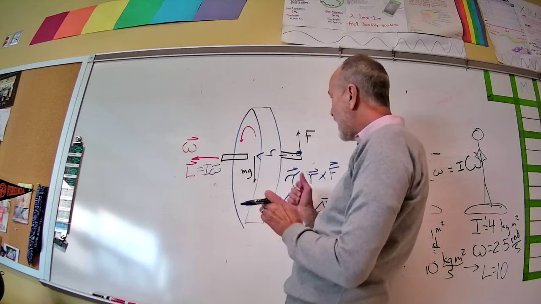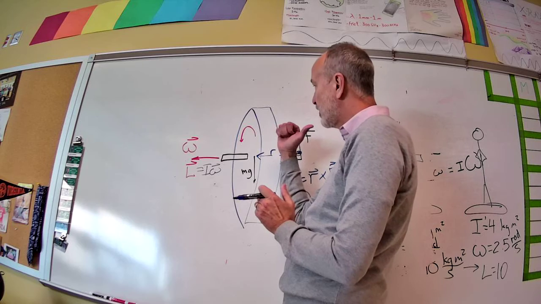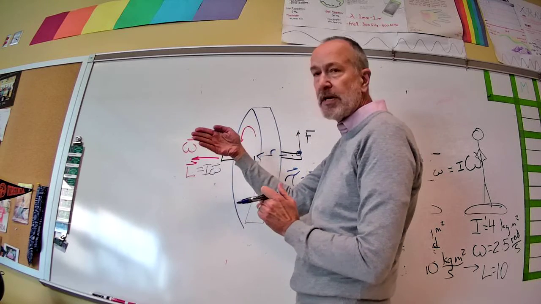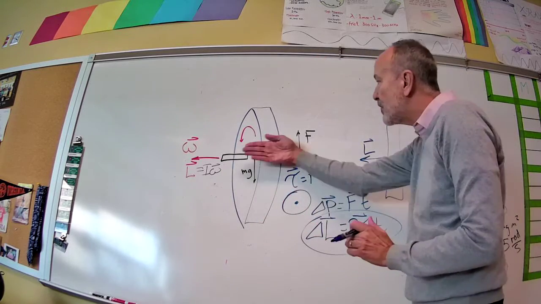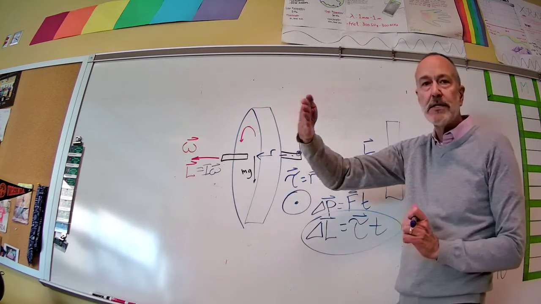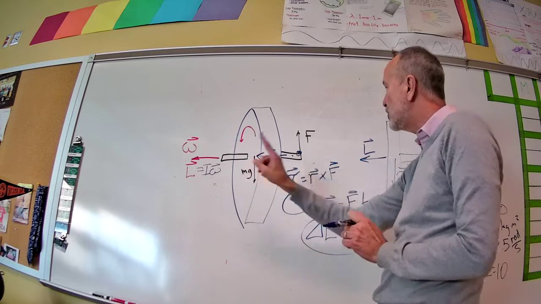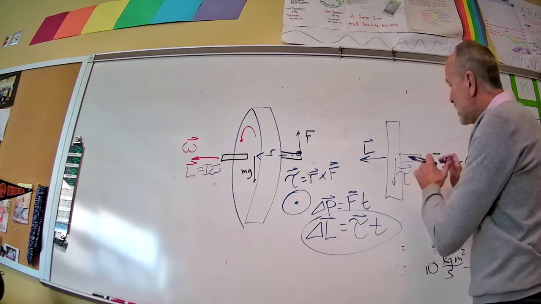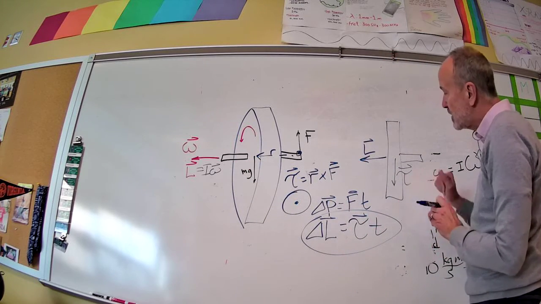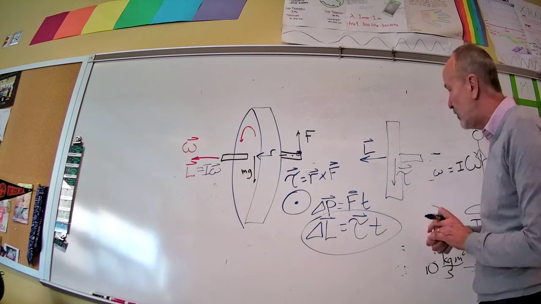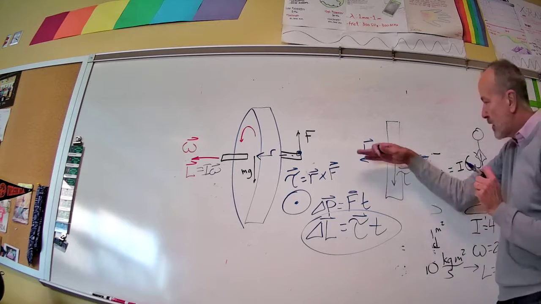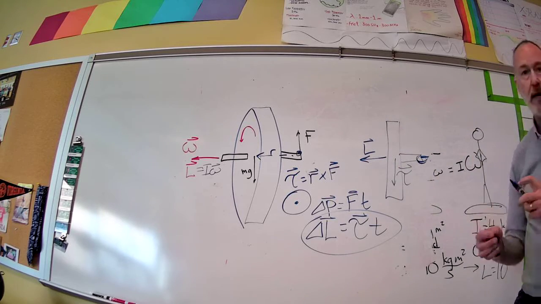The torque is out of the board. The torque is in this direction, so the omega will start turning towards that direction. Okay, and that's why the wheel did this when we let it go. It rotated around the rope. Seen from the top, the torque's in this direction, L's in that direction, so L's going to start turning like that. And it really follows, the wheel went around and around that way.